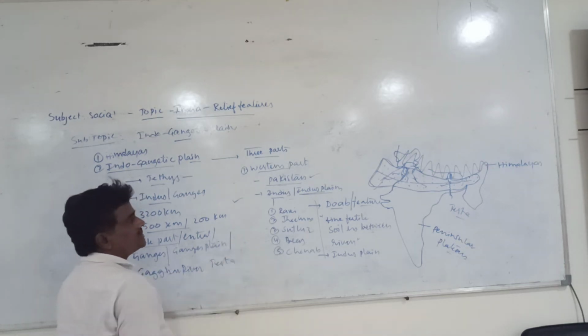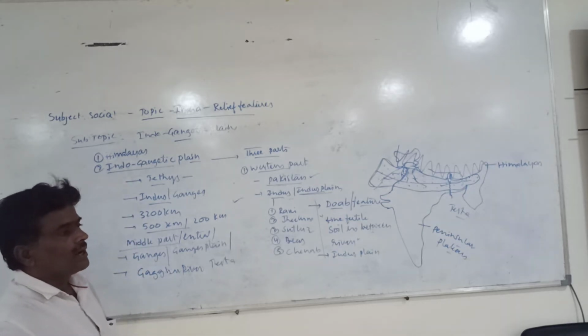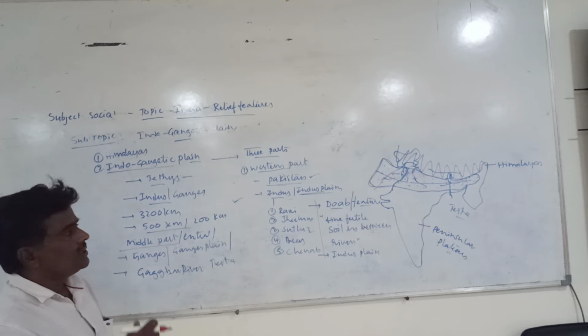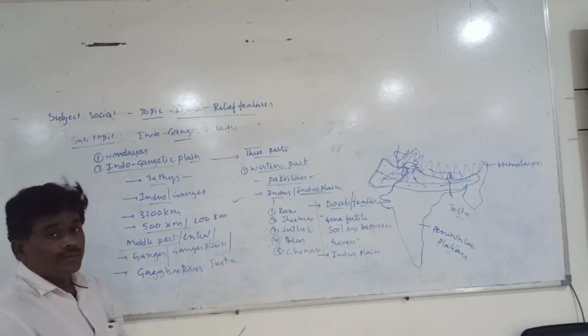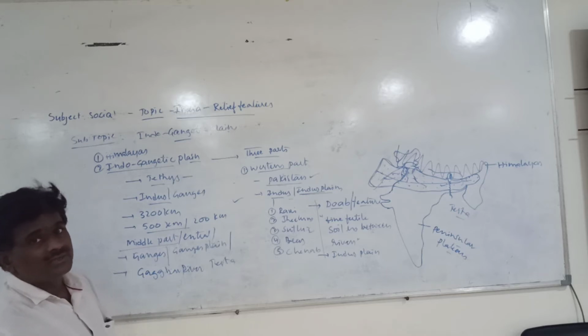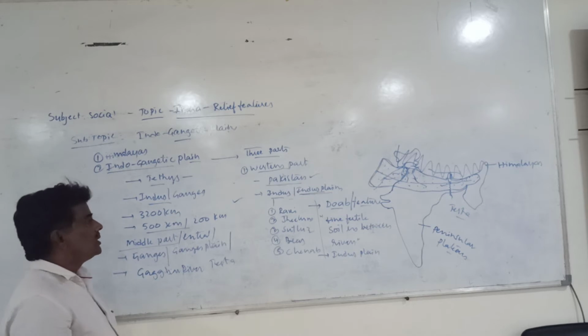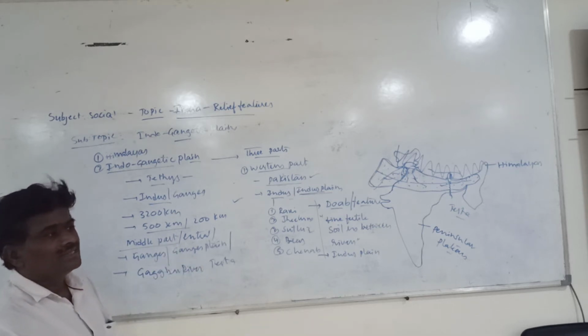Northern side we can see Gaggar, Gandak, Kosi, Ramganga. Like so many northern side we can see so many tributaries. You know very well what is tributary. A small stream joining the largest stream is called as tributary. And the southern side also it has many tributaries like Chambal, Son.